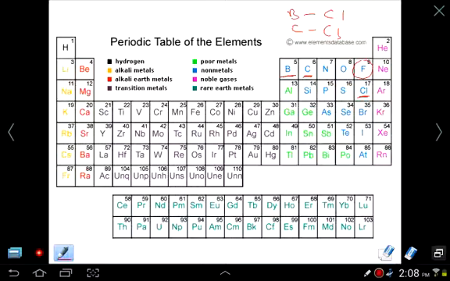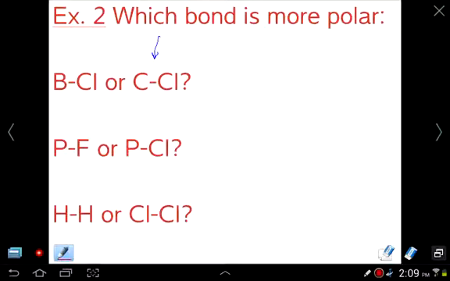Because carbon is closer to fluorine, carbon has a higher electronegativity. So carbon will pull electrons toward itself more than boron will. Because it pulls electrons closer to itself, carbon forms the more polar bond, and that's essentially the idea. So this one right here is the more polar bond.